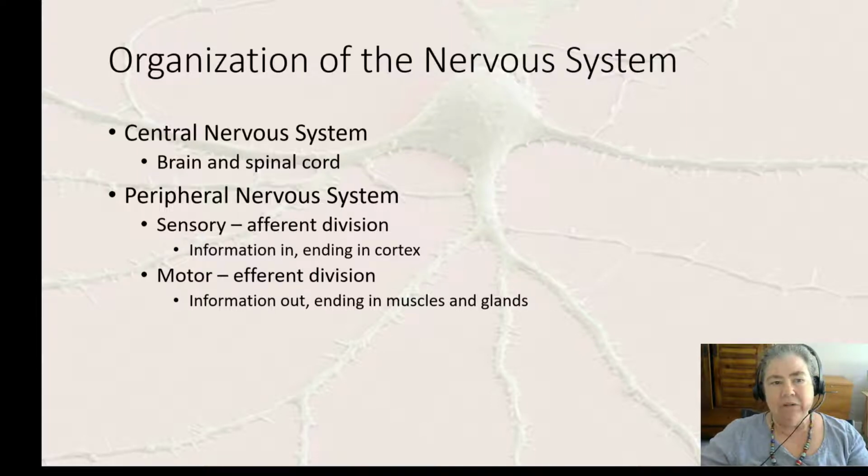And then there's the motor division, which is efferent or signals out, where the signal is generated within the central nervous system. Sensory signals are received in the central nervous system.